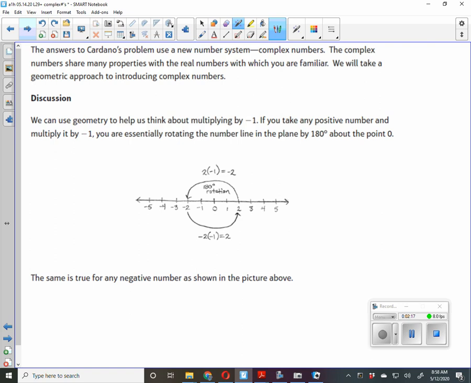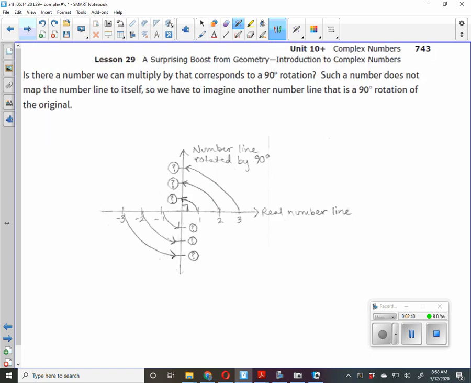We start with the whole concept of a number line and multiplying by negative 1. When you multiply 2 times negative 1, you end up over here at negative 2. If you multiply negative 2 times negative 1, you end up back at 2. Kind of a circular argument here. The same is true for imaginary numbers.